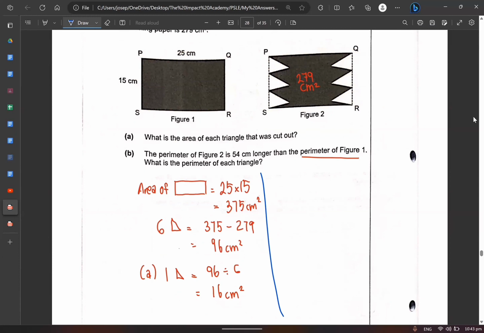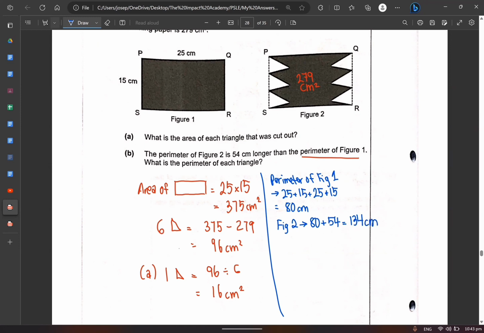The perimeter of figure 1 will then be 25 plus 15 plus 25 plus 15, which gives an answer of 80 cm. Therefore, for figure number 2, it will be 80 plus 54, which gives 134 centimeters.